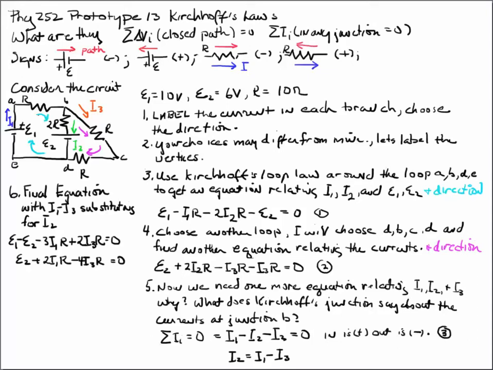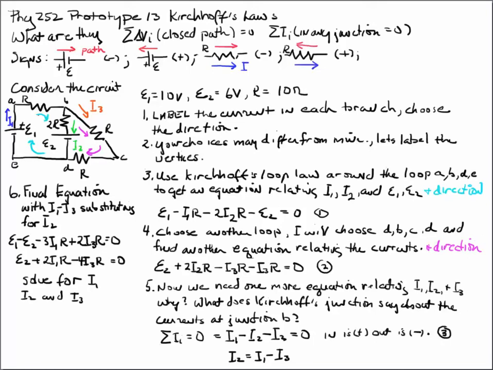Now let's work toward the final equations with I1 plus I3 substituting for I2. And I show the final equations below. EMF1 minus EMF2 minus 3I1R plus 2I3R equals 0. And EMF2 plus 2I1R minus 4I3R equals 0.